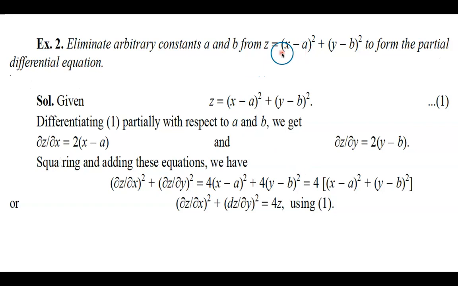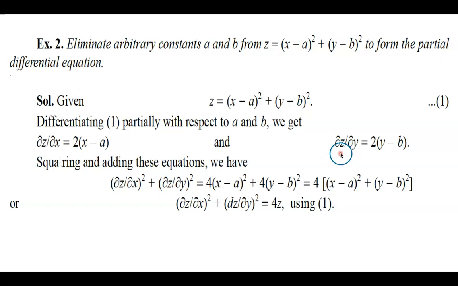Now let us consider another relation: z equal to (x minus a) whole square plus (y minus b) whole square. We will be eliminating these two arbitrary constants a and b to form our partial differential equation. Differentiating this relation partially with respect to x, we will be getting dou z by dou x equal to the partial derivative of the right hand side, which will be 2 into (x minus a) plus the derivative of this term, which will be 0.